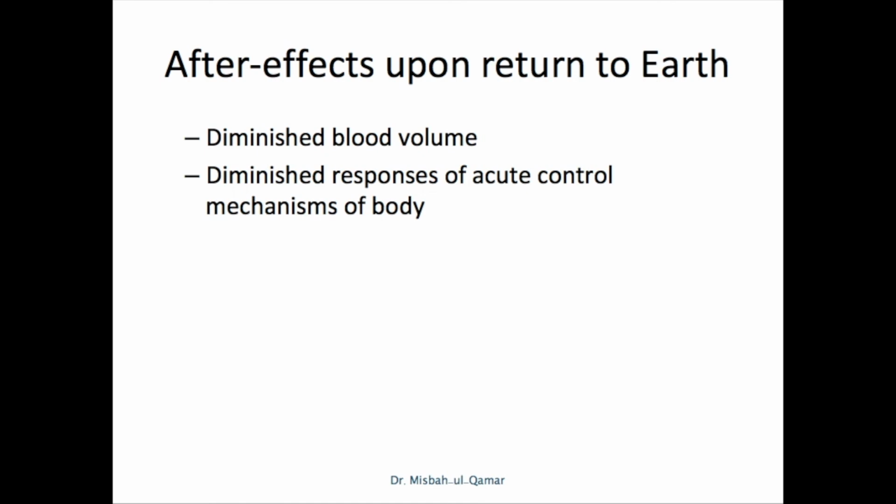So, upon facing gravity, more blood is pulled to the lower extremities, which results in brain anoxia and hence fainting. Well, fortunately, this condition is readjusted in 1 to 3 weeks.